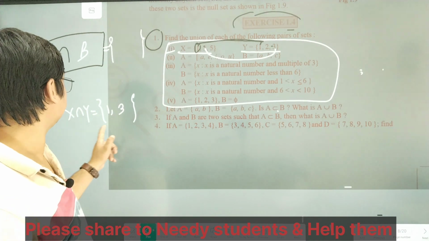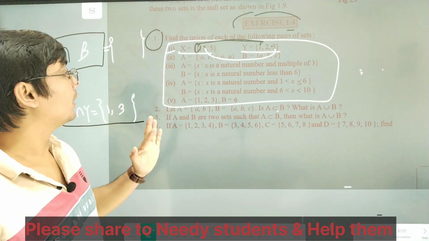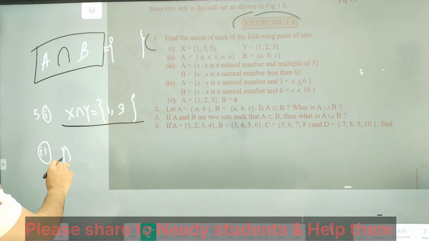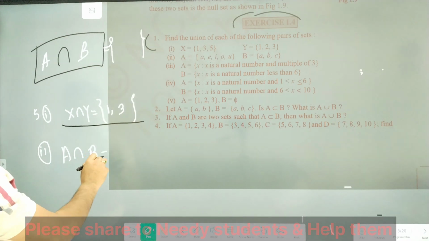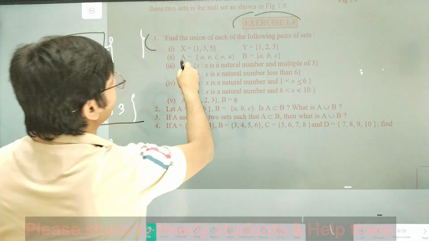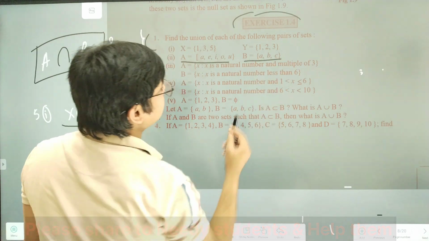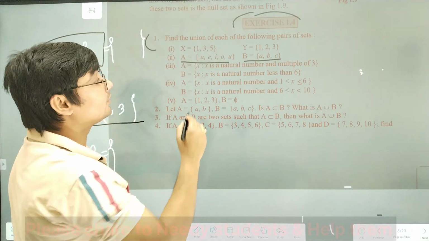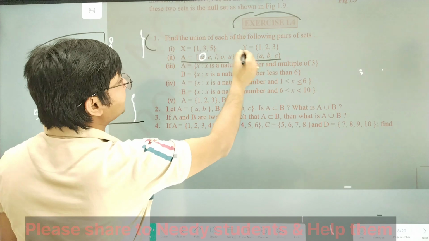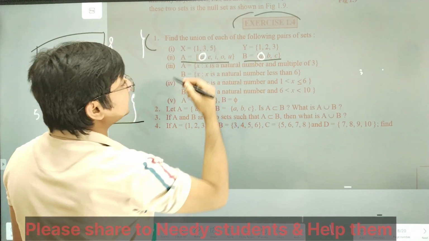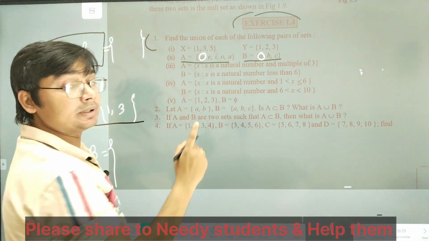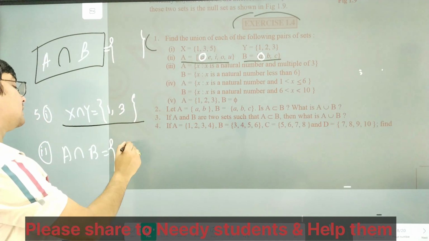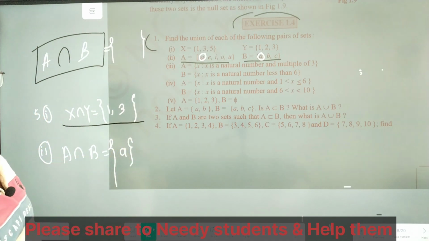This is our X intersection Y. Similarly, what will be A intersection B? Which are the common elements? A is the common element only, so you put A only. This is our A intersection B.